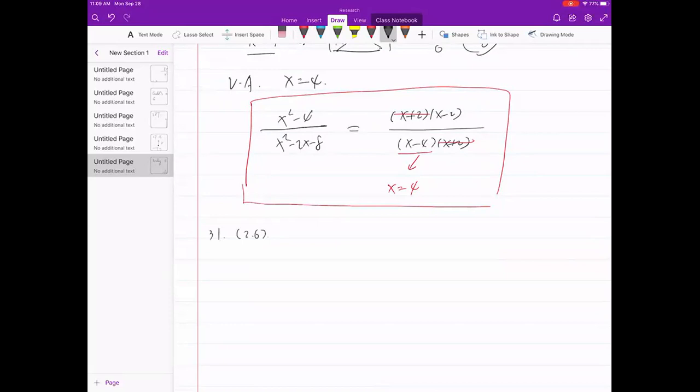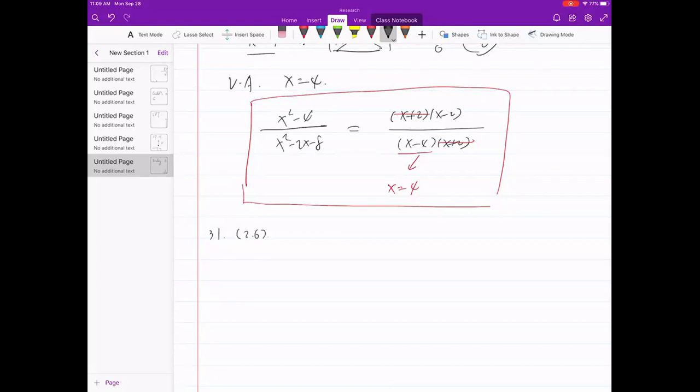Yeah, just wait a second for me to type in your name. You didn't go with Addie in WebWork, so I can find yours. Yep, here. 2.6, 31. Oh, okay.